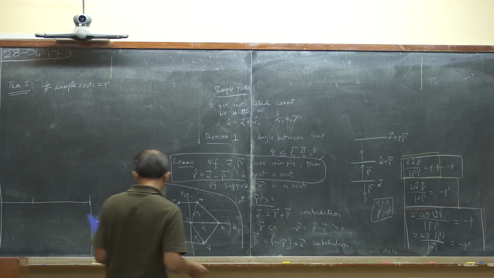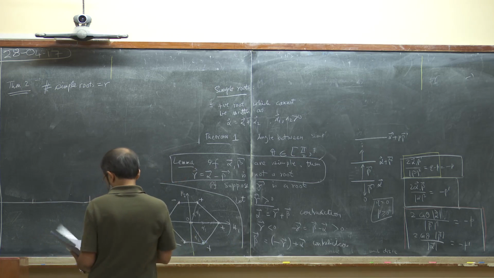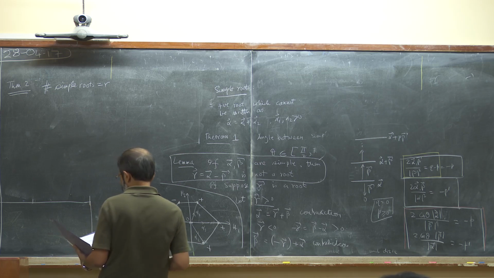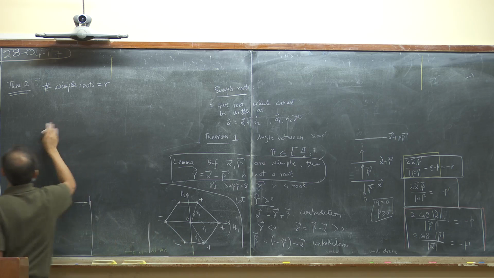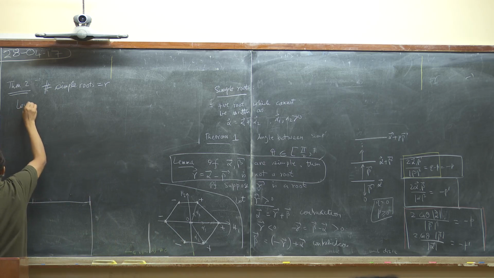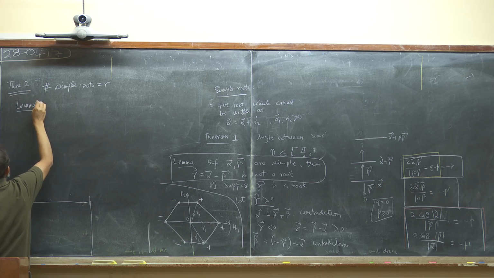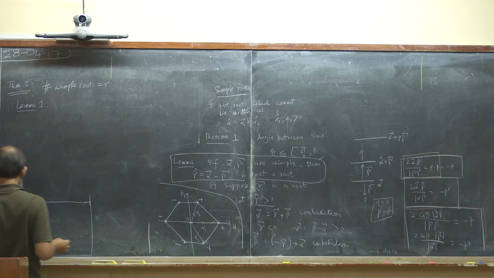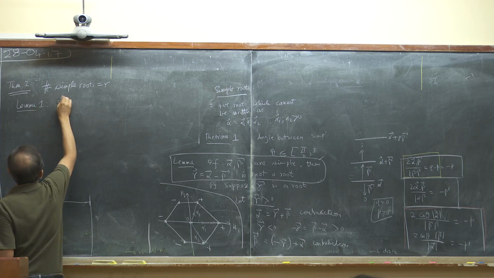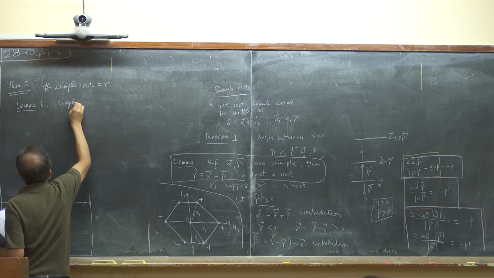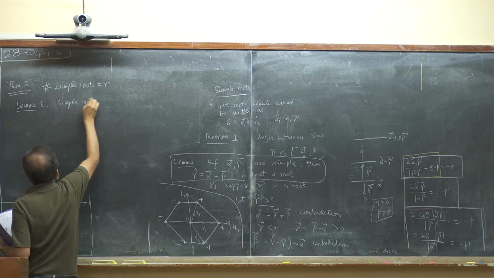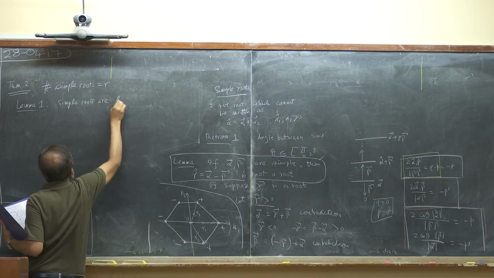So let's see. This proof is slightly long, but let me give you the steps. So I need 2 lemmas for this. Lemma 1 is that simple roots are linearly independent.